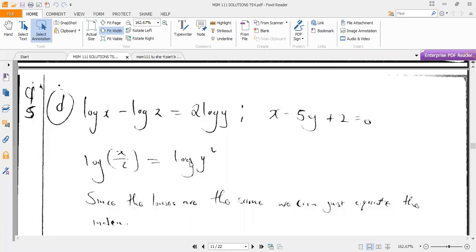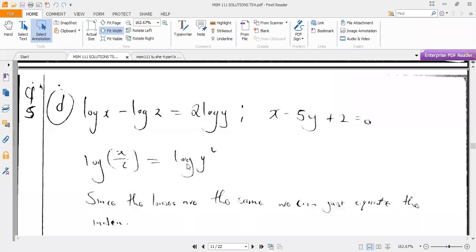Now when you have these two equalities, this one is equal to that one. Using those log principles of equality, the base on the left hand side is 10, and the base on the right hand side is 10.